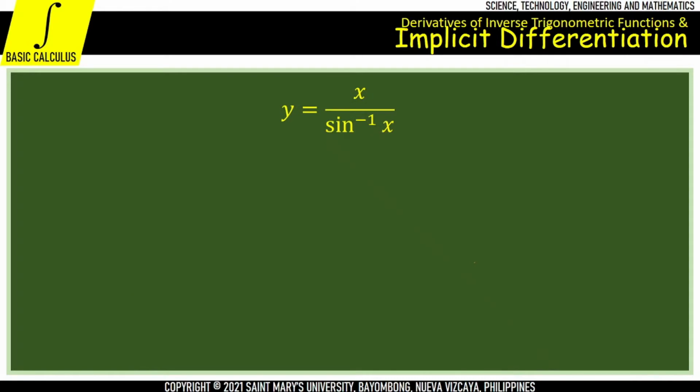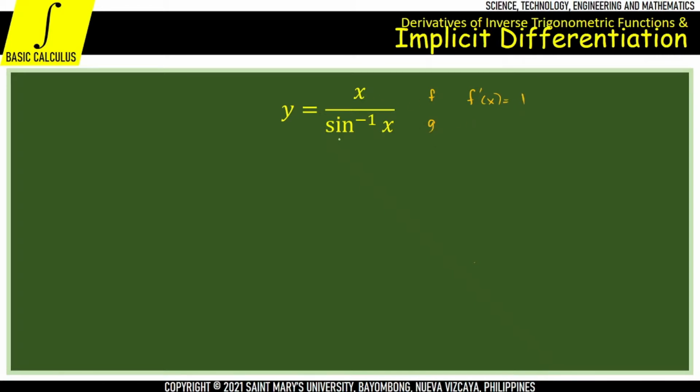Okay, we proceed to our third example. Given the function y is equal to x all over inverse sine of x. Given our example, we can assign our numerator as f and denominator as g, since this is a ratio that is performed by the division operation, which means that if f is equal to x, f prime of x is equal to the derivative of x, which is equal to 1.